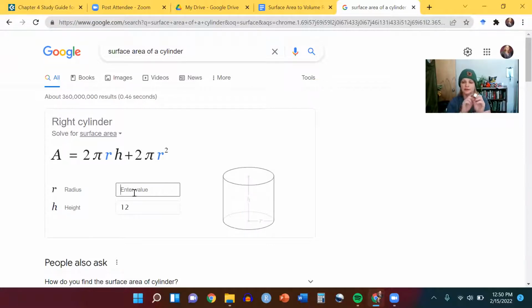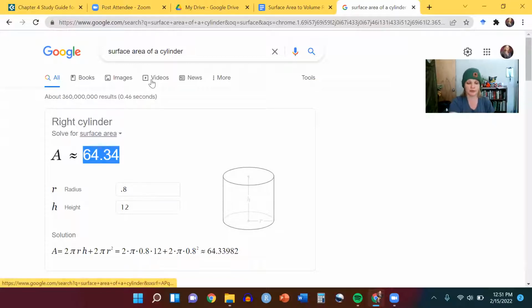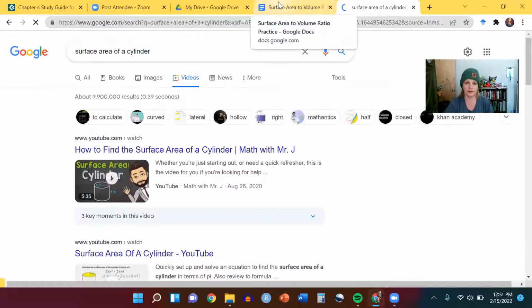And what we'll need to remember is that the radius is half of the diameter. For these markers, the radius is 0.8. That tells us that the surface area is 64.34. So now I'm just going to copy that information.